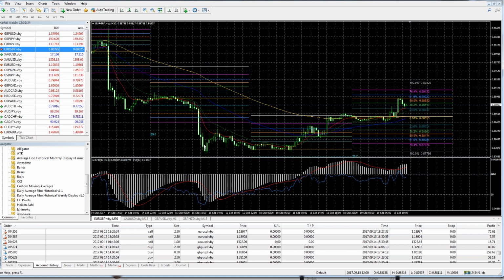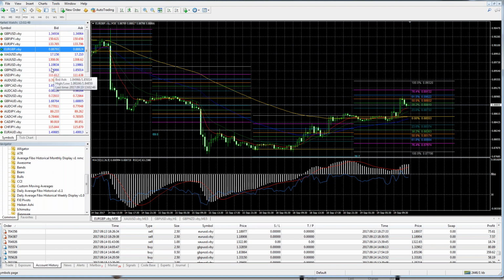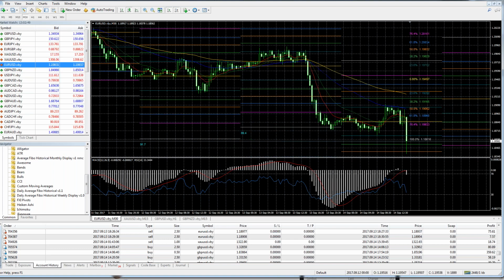Euro suffered against the pound because the pound was rallying so much off the back of the MPC hinting, Bank of England saying they will raise rates later in the year. Now, since then, the euro has recovered somewhat, and also euro against the dollar. Check out the euro against the dollar.